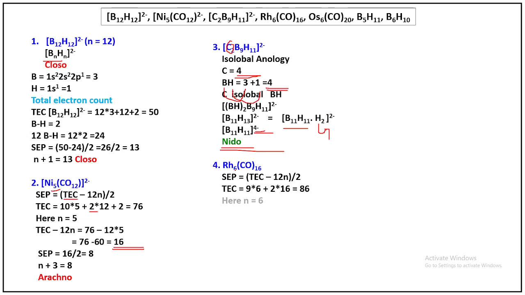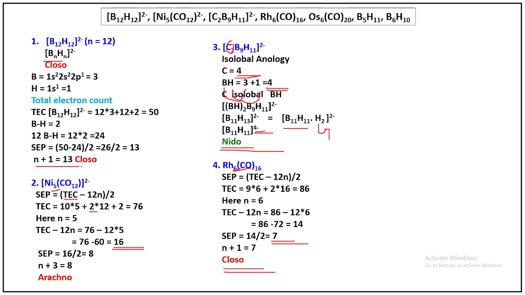Here n equals 6, and therefore total electron count minus 12n will be 86 minus 12 into 6, that is 14. Therefore the skeletal electron pair is 7. So it has an n plus 1 structure: n is 6 and the total is 7. So it is following n plus 1, that is 7. That means it comes under the closo category.